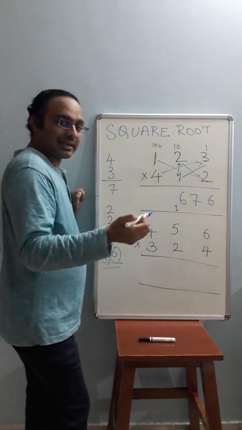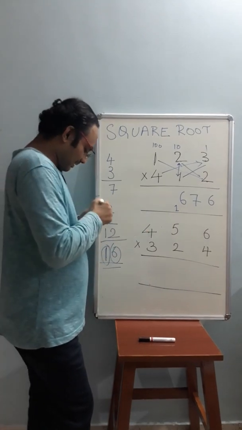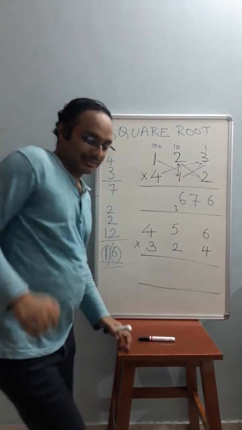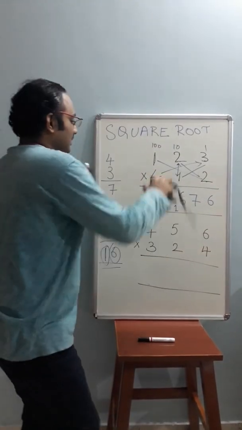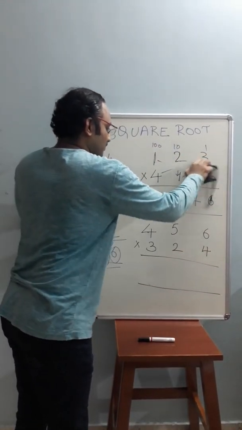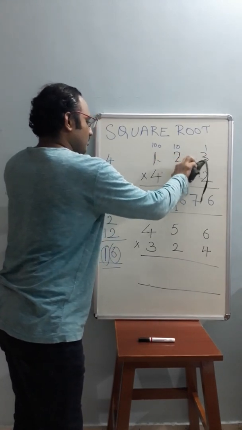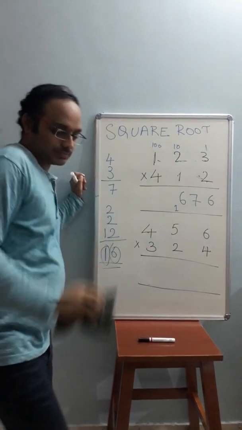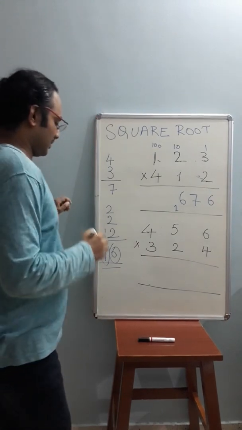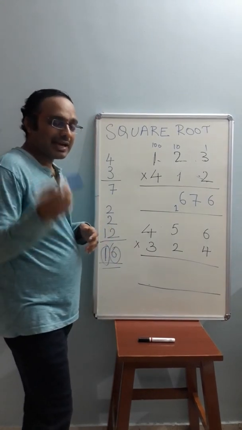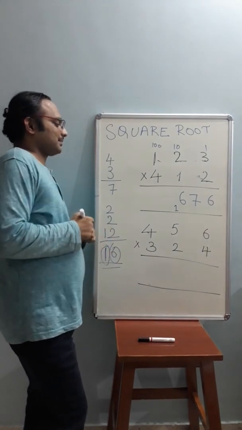Now we have to get the thousands place. Let me erase these lines.